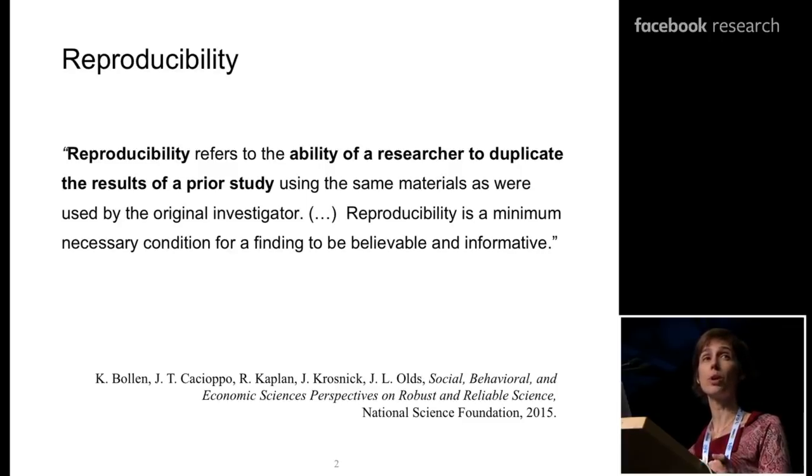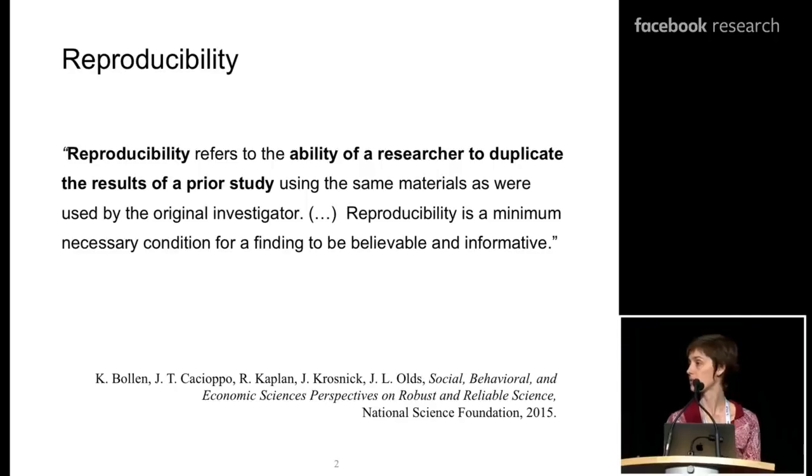And perhaps most importantly, reproducibility is a minimum necessary condition for a finding to be believable and informative. This doesn't come strictly from computer science or machine learning, but is a notion that applies broadly across the different disciplines of science.